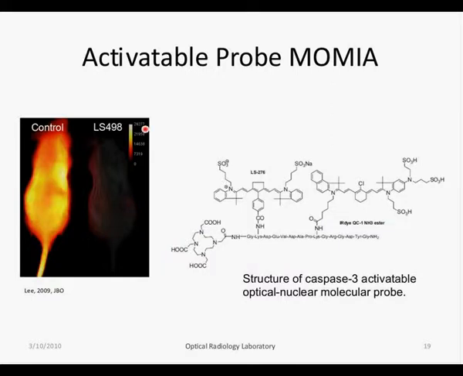And this is an example of an activatable probe that was again made in our lab that also has a radiometal chelator, and here's a fluorescent probe. This is a fluorophore, an infrared fluorophore, and this is a quenching agent. And because of the close proximity, the agent before activation is almost non-fluorescent.